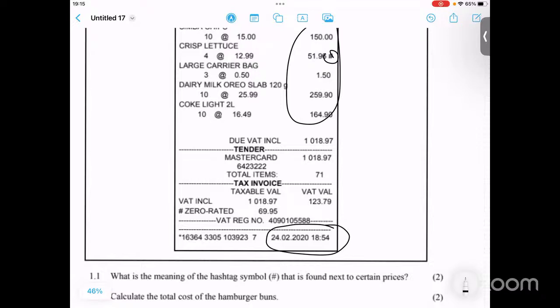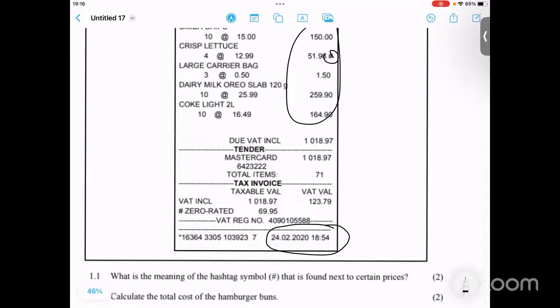Zero rated goods. And what does zero rated mean? What can you say to someone that does not know what zero rated means?